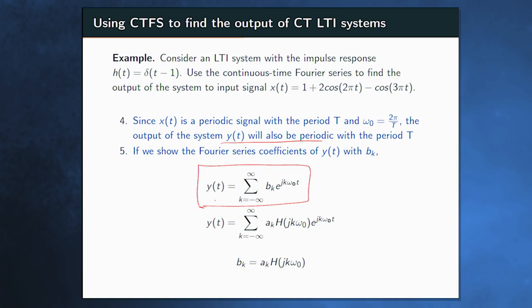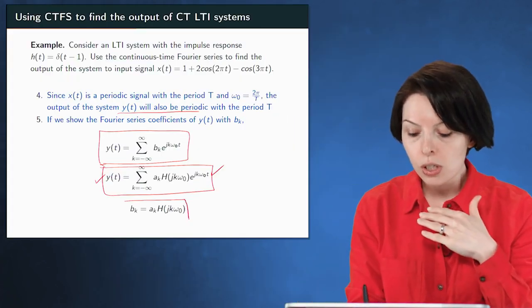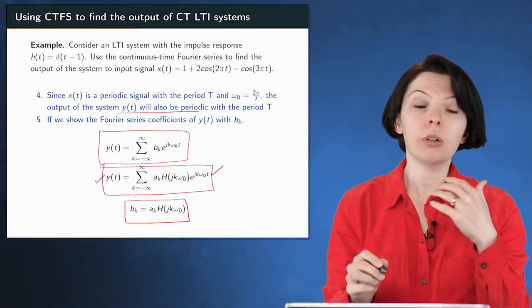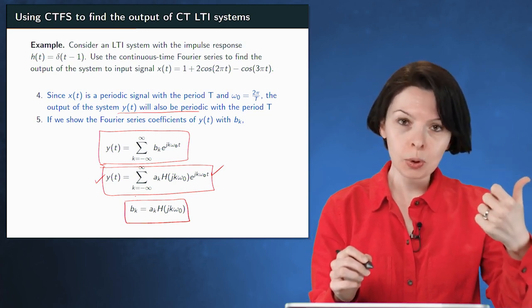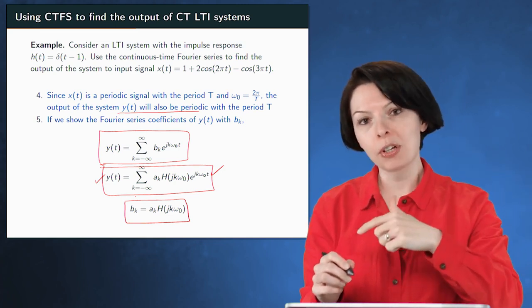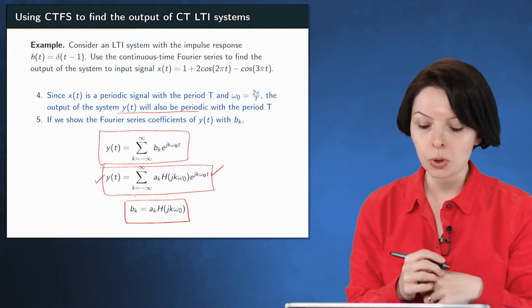This time I'm going to use b_k to represent the Fourier coefficients of y of t, and then you have this expression here for y of t. If you compare these two together, you can find the Fourier series coefficients of the output as a function of the Fourier series coefficients of the input signal. So they are related to each other.